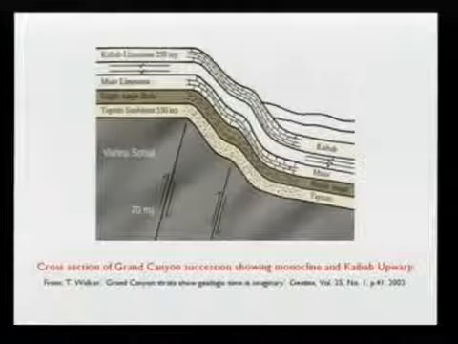Now the next question is, when did the folding occur? Well, we know that the folding was related to the formation of a structure called the East Kaibab monocline. In other words, the uplift of the plateau through which Grand Canyon is actually carved. The Grand Canyon sequence extends over 400 kilometers into eastern Arizona, and when you go into eastern Arizona, you find the same rock layers, but they're at least 1 mile lower in elevation.